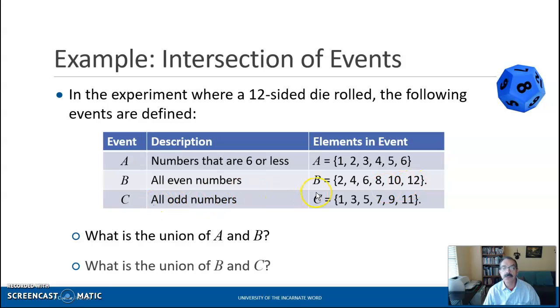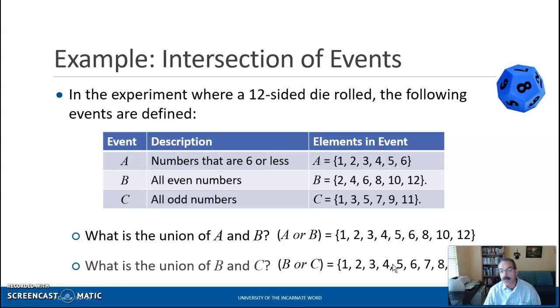And then the union of B and C is every element in B and C. There are no elements in common, but the union of these two events corresponds to the entire sample space because it contains every outcome of this experiment. And now that my cursor responded, here are the answers to these questions.